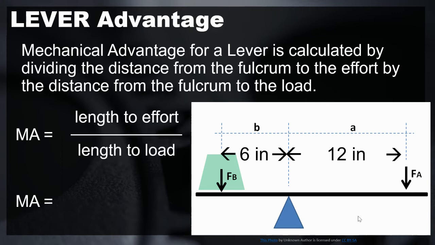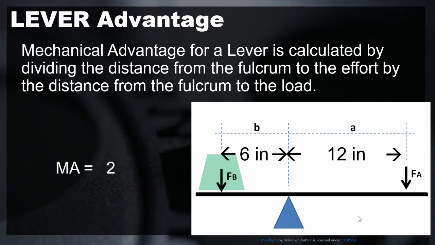In this case, mechanical advantage equals 12 inches divided by 6 inches. The inches will cancel out, and we will be left with a simple fraction of 12 divided by 6. We can simplify this fraction as 2, and therefore, in this example, mechanical advantage is equal to 2.